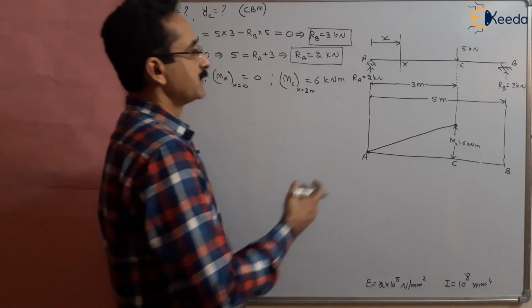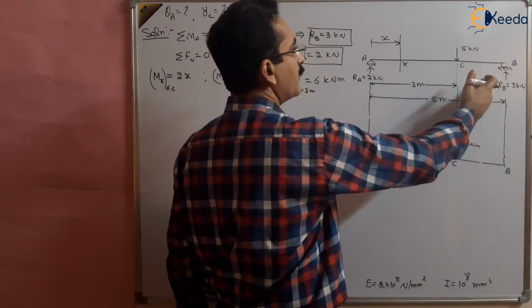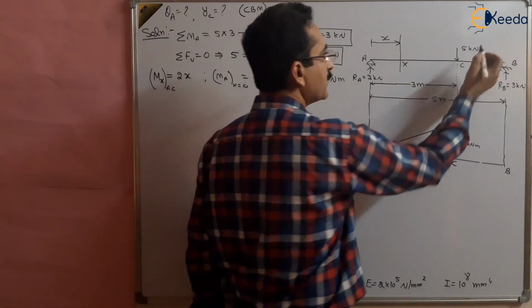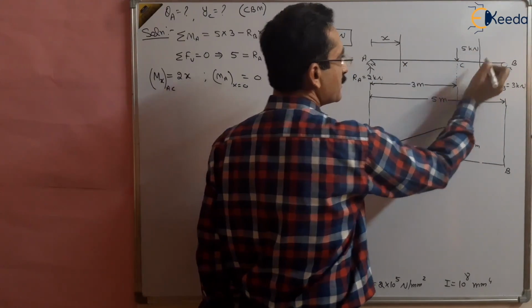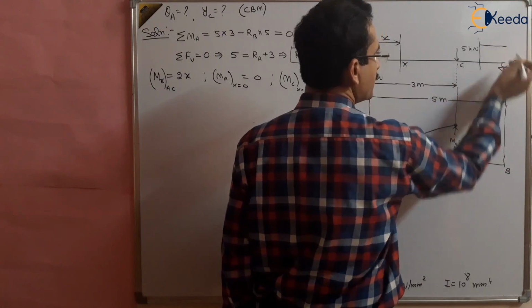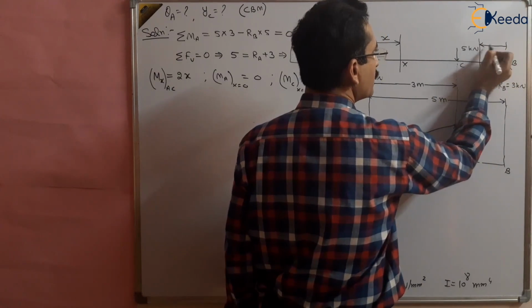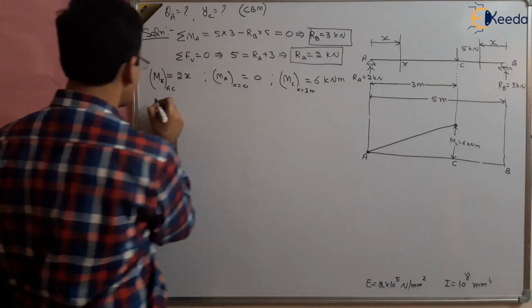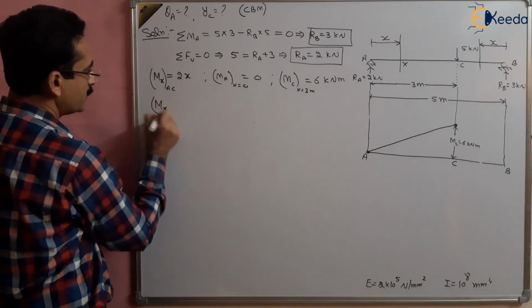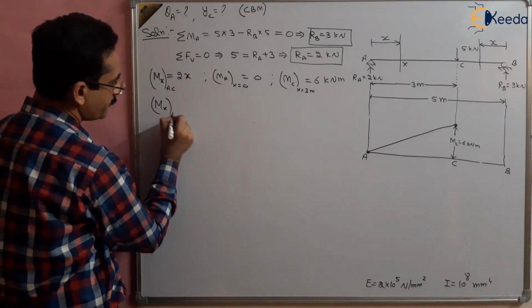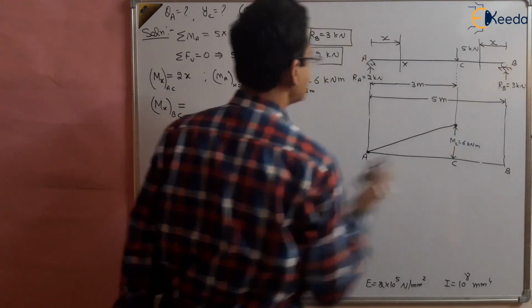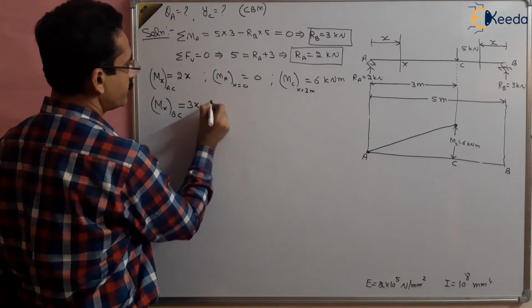We can take x in this part, or we can take x from position A or from position B. It is better to take the position from B because there is only one force there, so we take x from B now. It will be valid between B and C, and that will be equal to 3 multiplied by x, so this is 3x.